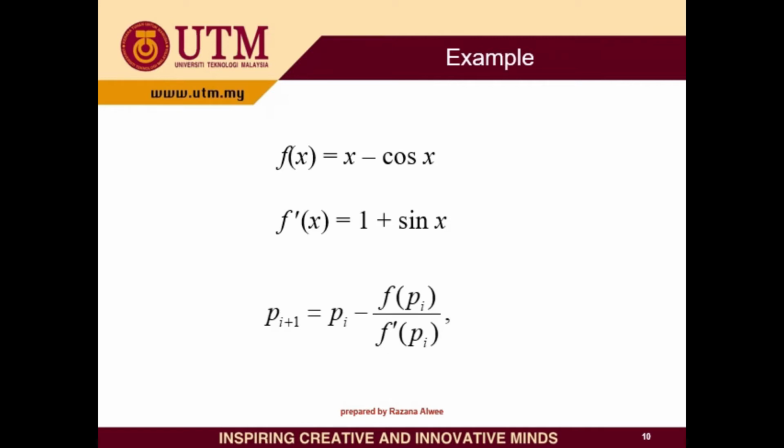You need to refer back to your previous calculus class to find f prime. For example, here the derivative of x will become 1, and for cosine x, the derivative will become minus sine x. This is not from this class, this is from your previous study in calculus, so you need to recall how to find f prime.